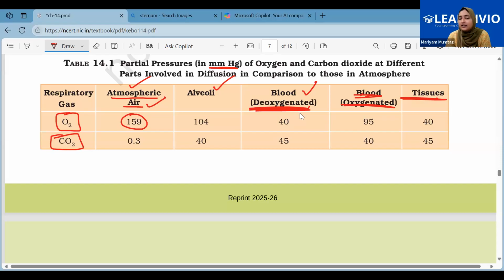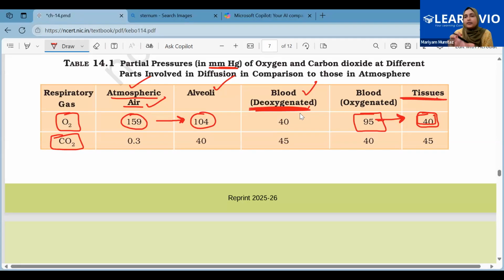And we know that in the alveoli it is less, so the gas moves from the atmosphere to the alveoli, right? The oxygenated blood has a partial pressure of 95, and in the tissues it is 40. So the oxygen will move from the blood into the tissues, and the deoxygenated part will move back into the alveoli to go into the atmosphere.